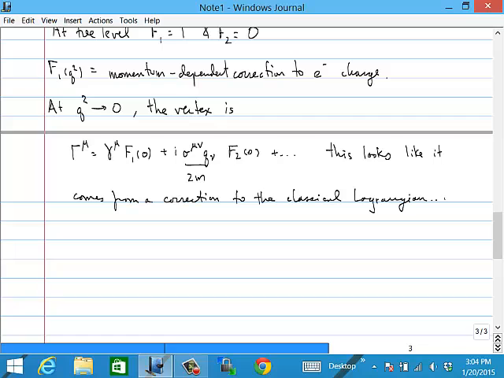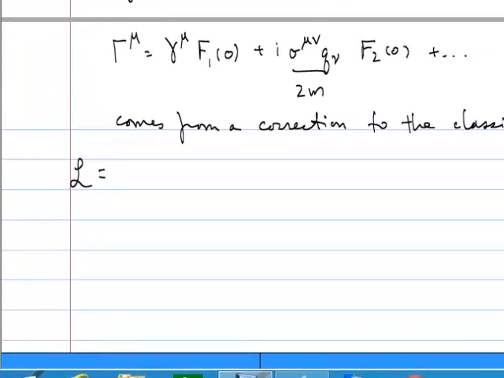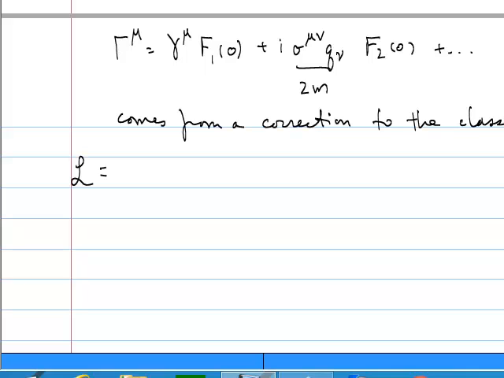So remember that if you're describing the dynamics of an electron in QED, then you have the classical kinetic term, which was psi bar times (i d slash minus m) times psi.